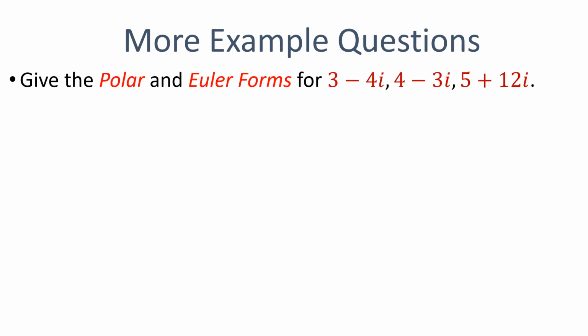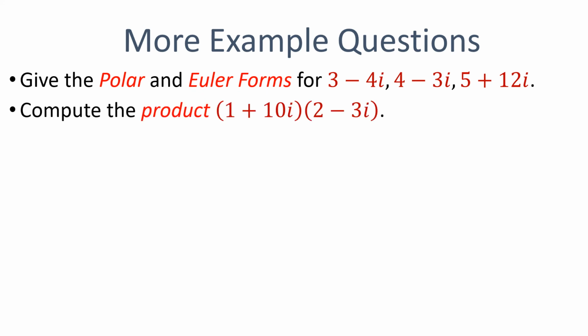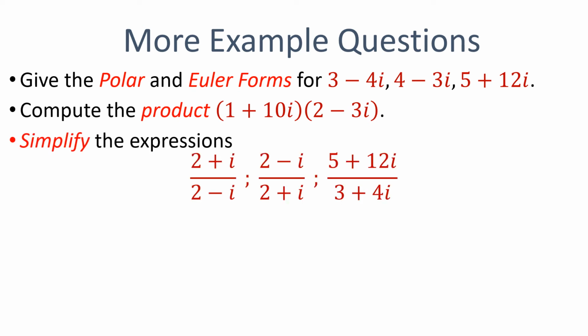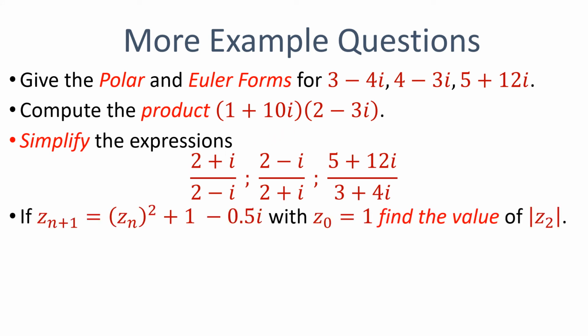So again, some example questions you might see. You may be asked, given some selection of complex numbers, to give the equivalent polar coordinate or Euler form for those standard forms. You might be asked to compute the product of two specific complex numbers, such as this case. You might be asked to simplify expressions involving complex division.